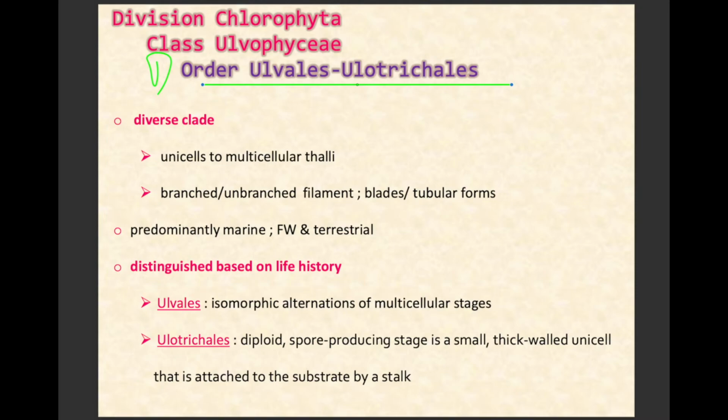Meron silang spore producing stage, which is very small, and they have this what we call thick-walled unicell that is usually attached to substrate and your stalk. Okay, so yun yung pagkakaiba nung dalawang to in terms of life history. Isomorphic alternation ng multicellular stages, ito meron kang diploid na may spore producing at minsan pwede siyang unicell na attached lang sa substrate. That's your Ulotrichales.